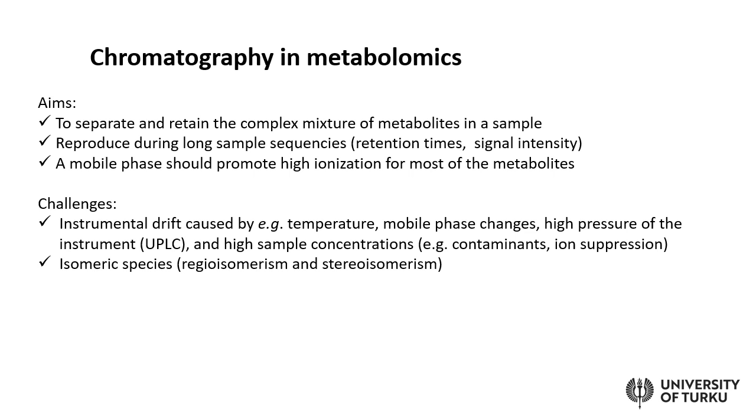And here the generally applied solvents such as acetonitrile or methanol are perfectly good for this purpose. But in some cases, if you are focusing on some particular compound group that is not ionizing efficiently, then it might be that already during the chromatographic phase you could have some adjustment on the sample preparation and the analytical conditions so that you maximize the likelihood that these components can be ionized.